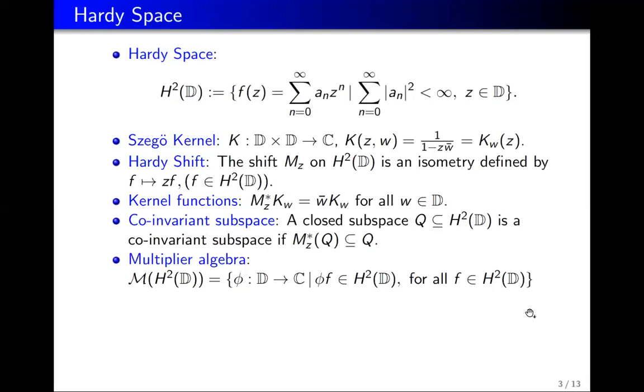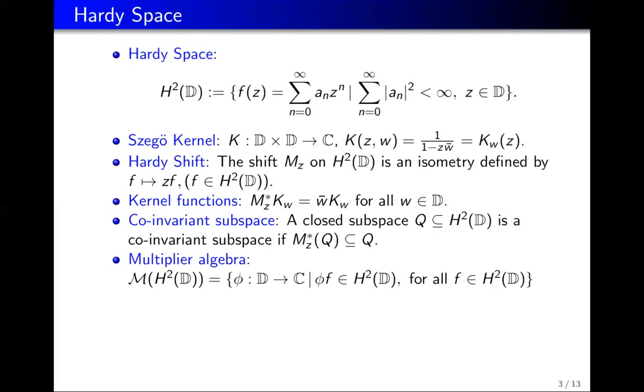One thing one could immediately say is that because the Hardy space has the constant function 1, if you take f to be the constant function, then phi itself has to be a member of the Hardy space. So in particular, phi has to be an analytic function on the disk, and also a member of H2 of D. That is, the power series expansion of phi also has to be square summable.